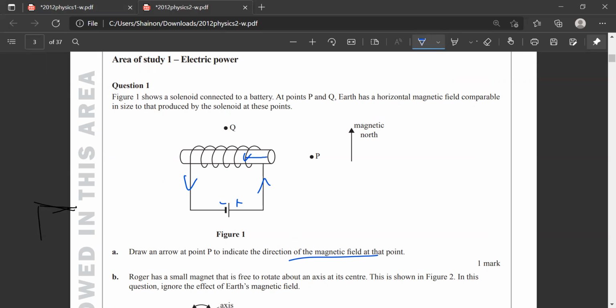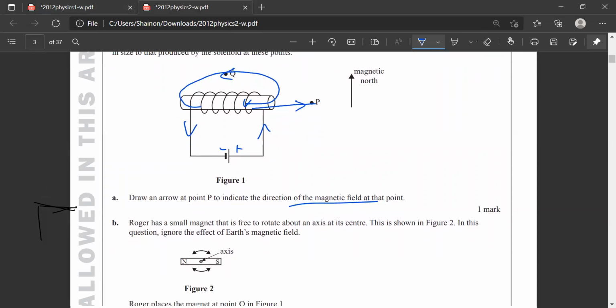It's going to go like this. So it's going to be to the right.